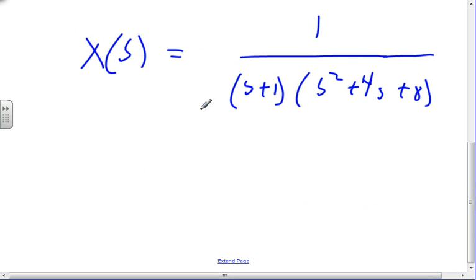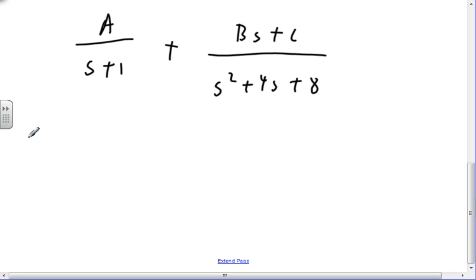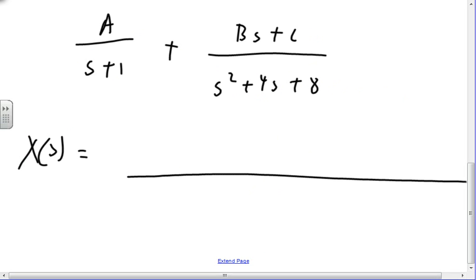So now I'm stuck with a partial fraction. A over s plus 1 plus Bs plus C over s squared plus 4s plus 8. And so I got a common denominator, s plus 1 times s squared plus 4s plus 8.